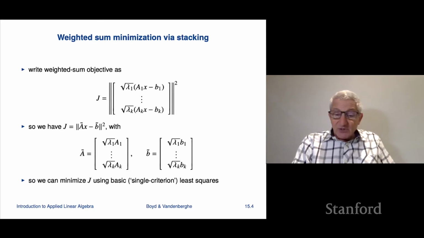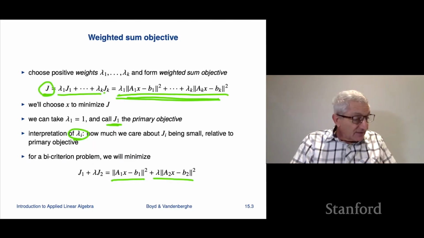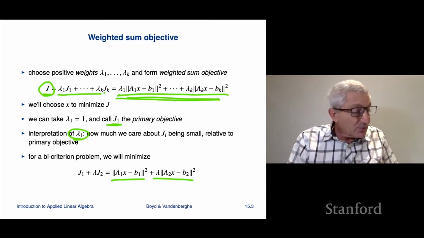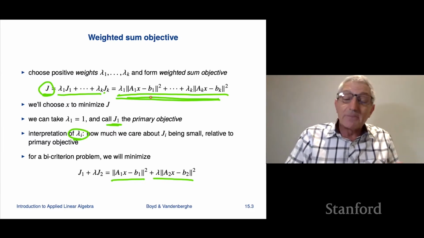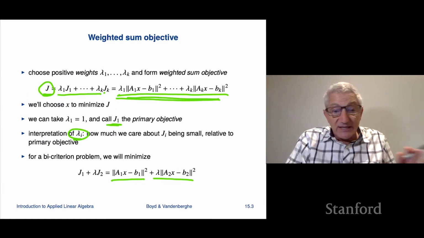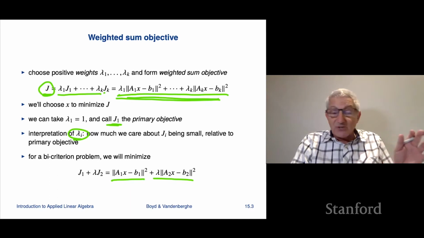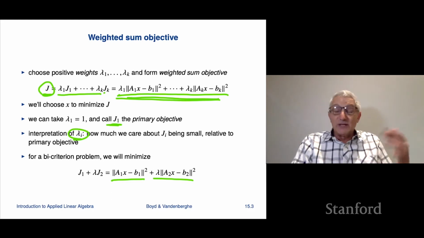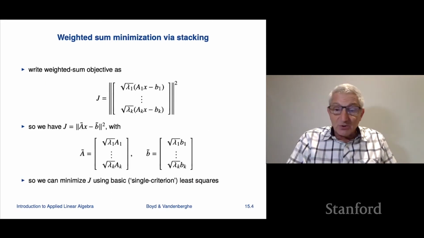Now, here we just said this is the objective, and what we're going to do is minimize this weighted objective. We could do that directly, but it turns out that we can easily, using some tricks from matrices and vectors, immediately reduce it to a least squares problem, whereupon we know the solution and we don't have to rederive anything at all. So here's the way you do it.